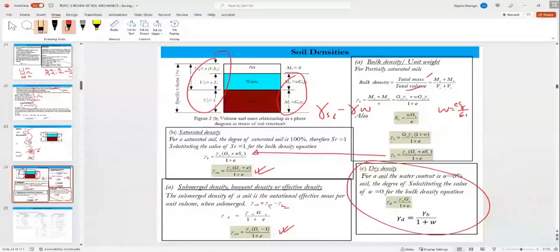In this equation, water content is 0, so it's Gs times density of water over one plus e. That gives you the dry density. So in other words, the dry density is the bulk density over one plus the water content.